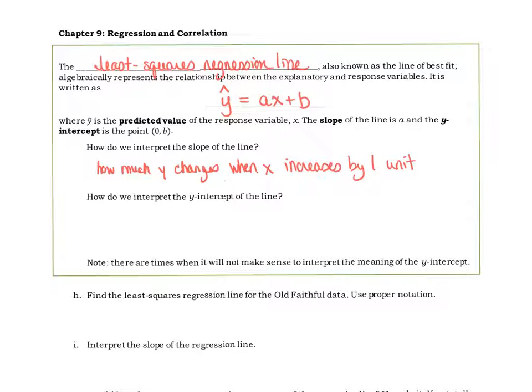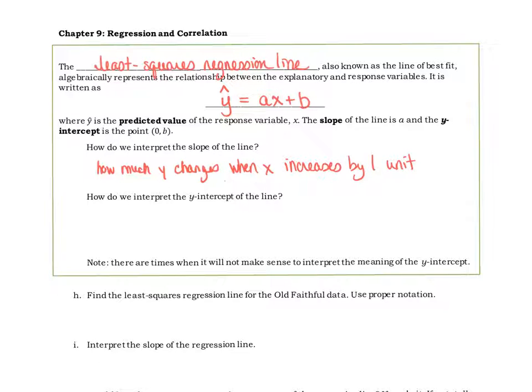And whatever that unit is depends upon your data. So for us, our data is about how many minutes long something is, so a unit would be a minute. It could be the price increases by a single dollar. There's all kinds of things it could be. So put the unit part in context.